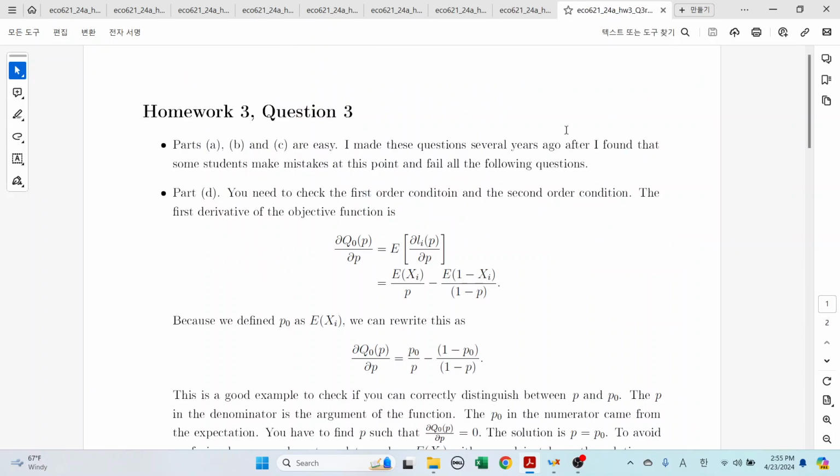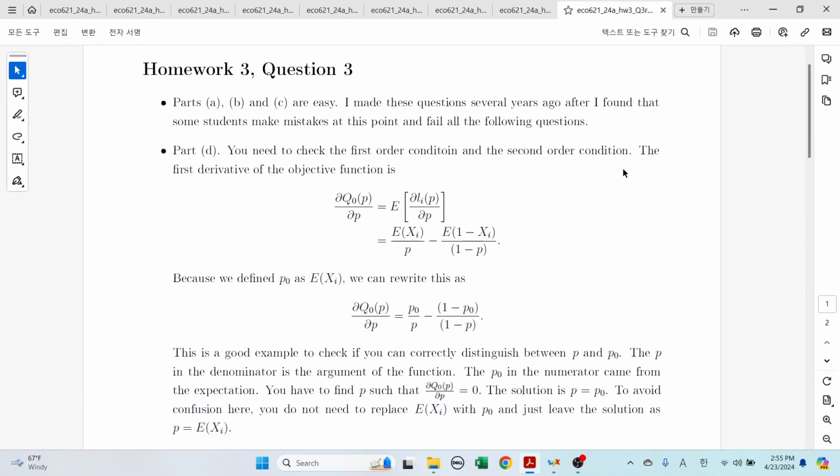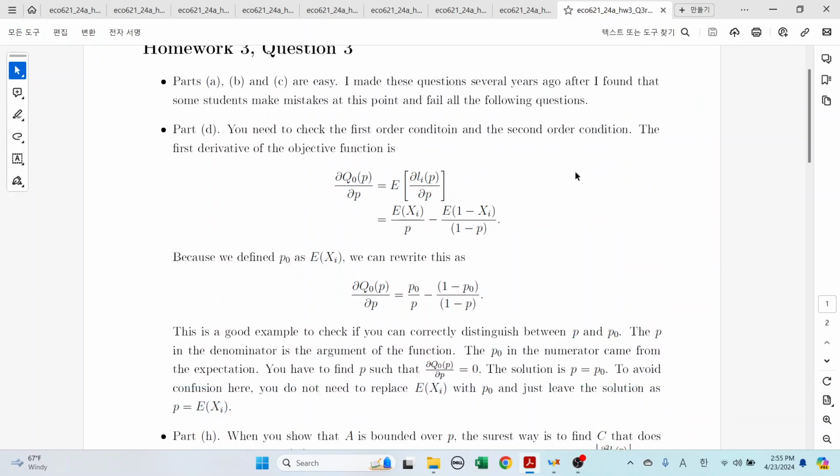But what I want to recap here is notation again. So this is the first derivative of the objective function, which is defined as you can change the order of expectation and derivative. And then after some simple algebra, I believe you could show this. But here, note that it is P and this is P because this is the argument, just a general argument.